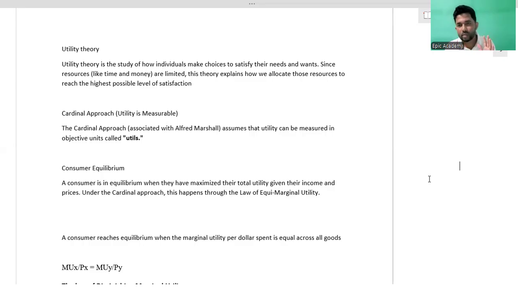That is what we call rational thinking or rational behavior. We use utility theory to study how individuals make choices related to their satisfaction, to satisfy their basic needs and wants.